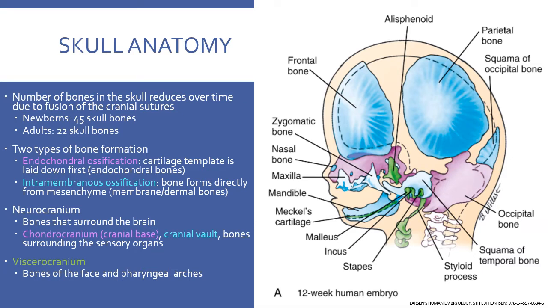All right, so by way of reminder, this is from several weeks back. There are two different ways that bones can form: endochondral ossification and intramembranous ossification. Endochondral bones are the ones that are formed by first laying down a template of cartilage, and then the bone develops from the template, whereas intramembranous ossification, those bones form directly from the cells from which they are derived.